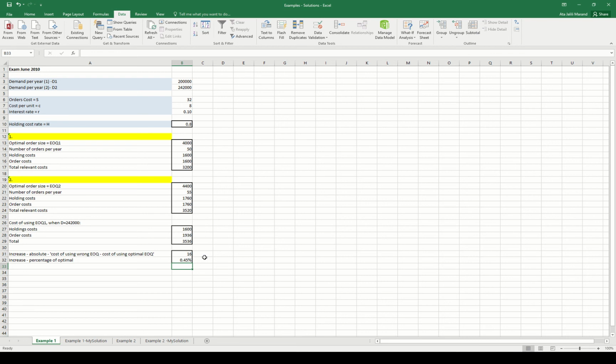It is 0.45%, and this is because the total cost curve is relatively flat around the optimal order quantity. So that's why we can see that small deviations from the optimal order quantity will have a small impact on the total cost.